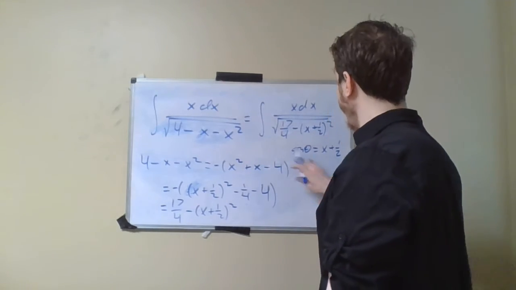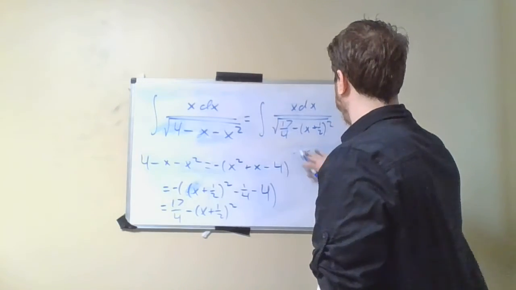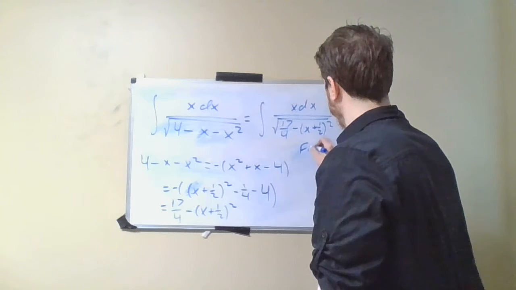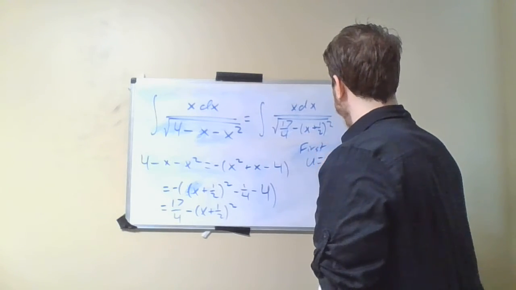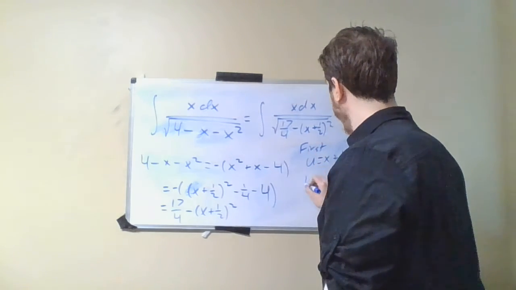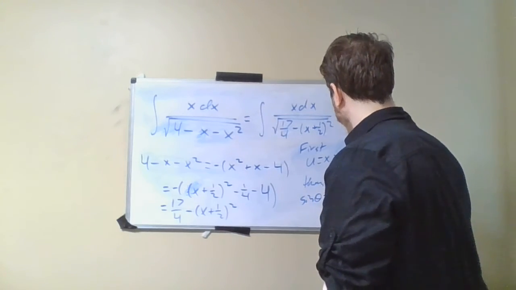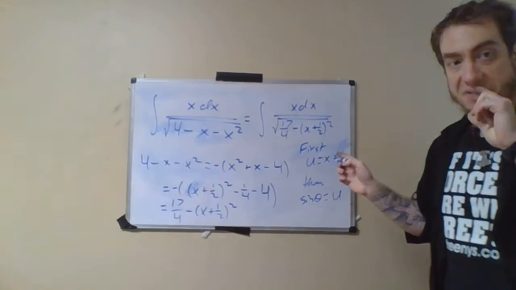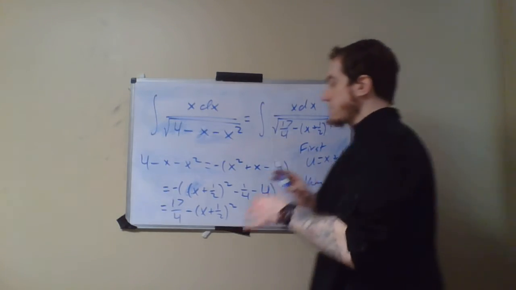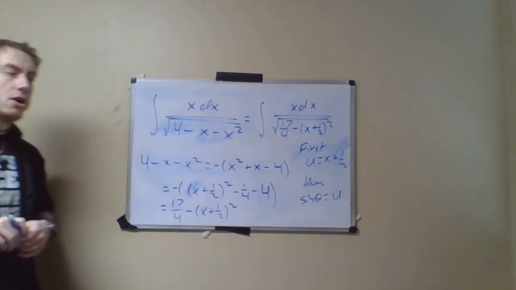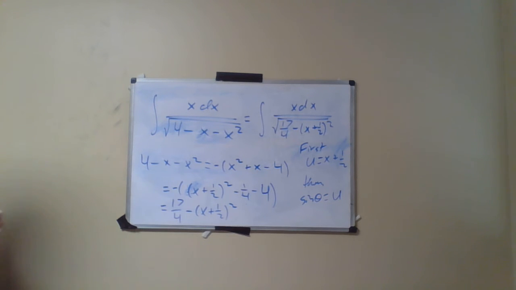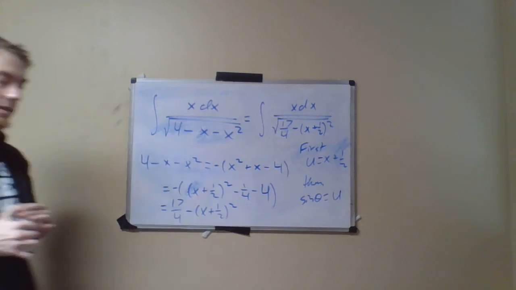Or I can go ahead and say, well, let's first set u equal to x plus 1/2, and then set sine theta equal to u, and do the u substitution this way. So by this clever use of completing the square, in both instances, I'm actually able to get this into a form where I can use trig substitutions.